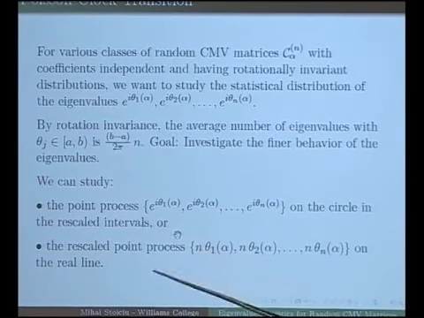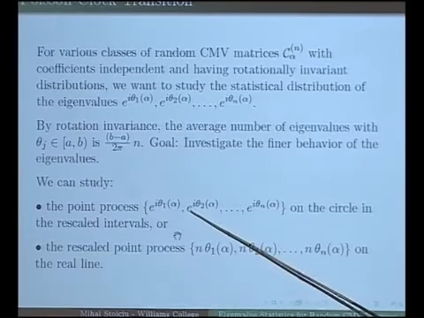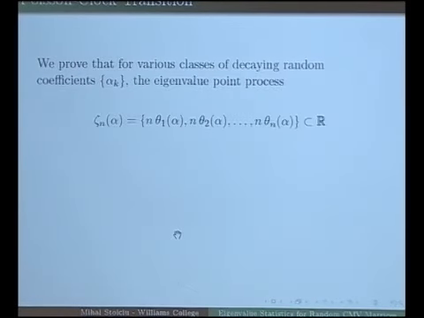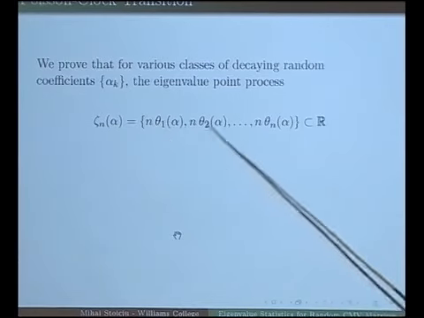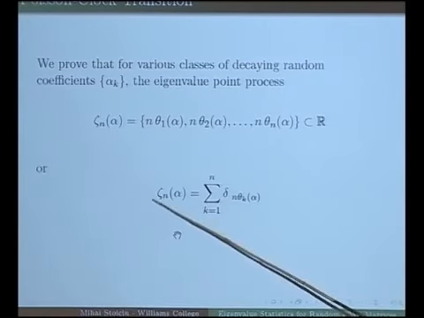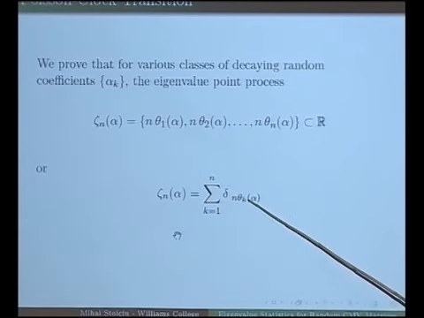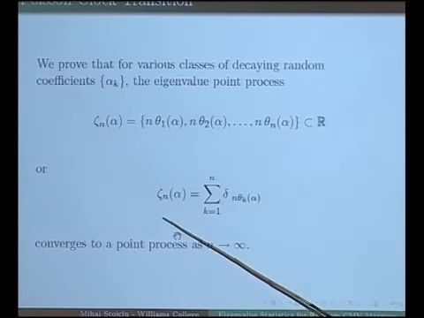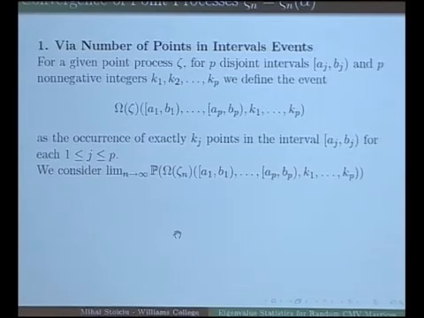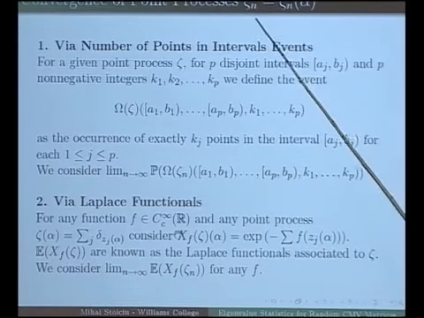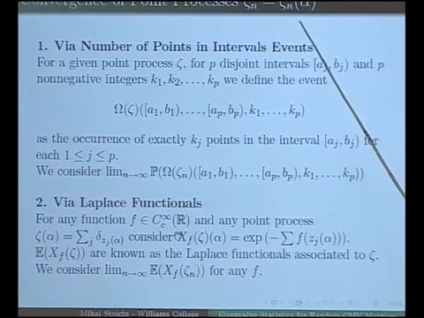So either I'm looking at these complex numbers in intervals rescaled by n, or I'm looking at these real numbers multiplied by n. That's how I need to rescale, either at the level of intervals or at the level of points. So I can look at these rescaled point processes on the line, and the point process is the sum of Dirac delta measures. And I need to take its limit, the limit of these point processes.